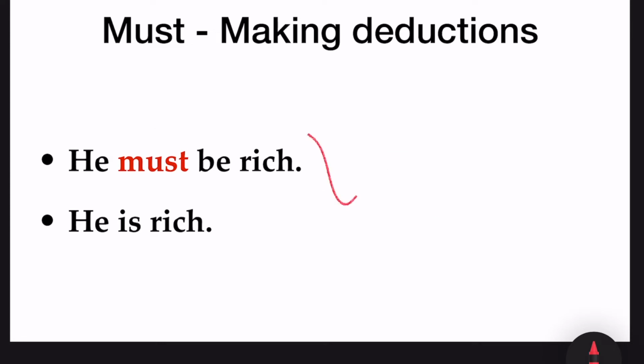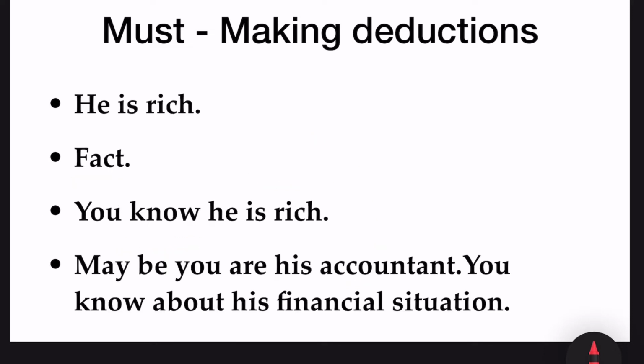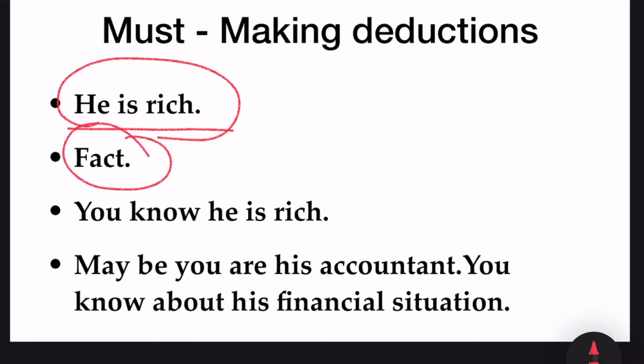Look at these two sentences. He must be rich. Next, he is rich. What is the difference between he must be rich and he is rich? First sentence, he is rich. He is rich is a fact. You know he is rich. Maybe you are his accountant.